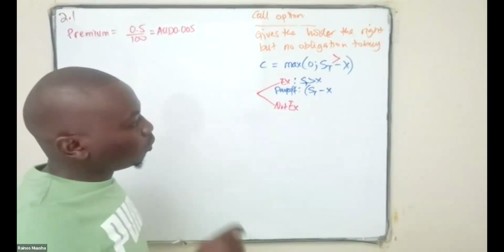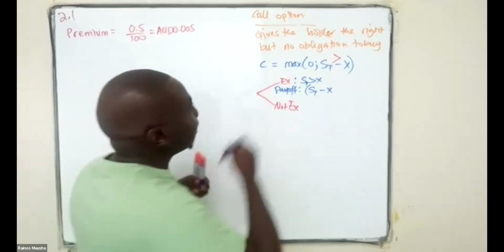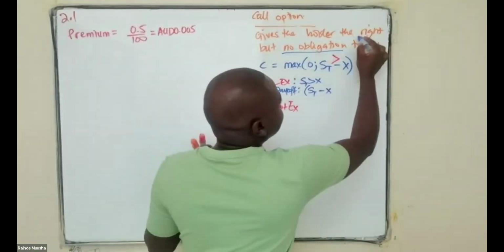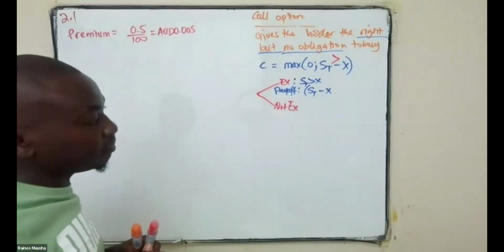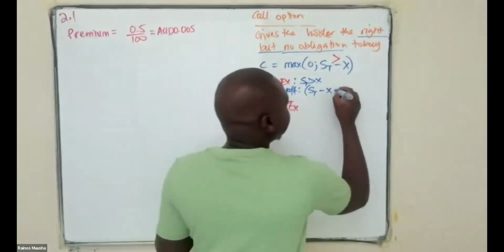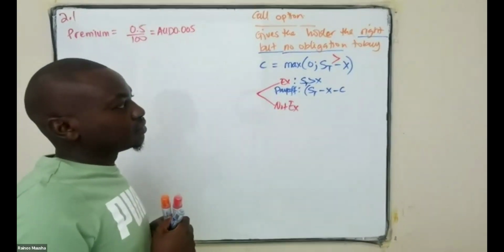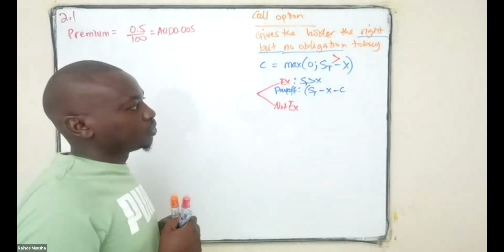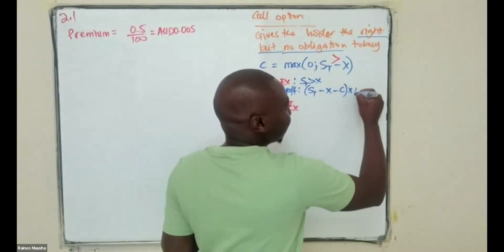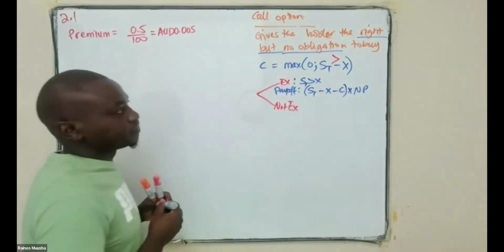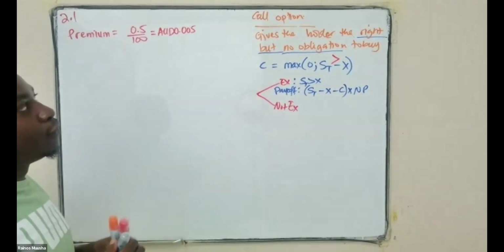But remember, for you to have the right but no obligation, you need to pay something. You need to pay a premium, isn't it? So the premium that you're going to pay is also a cost to you. So after you make this money per unit, you multiply that by the notional principal. So that's how you determine the payoff for a call option.